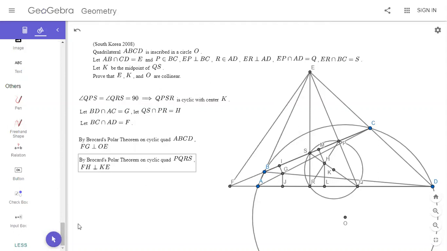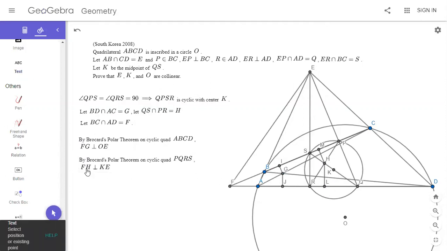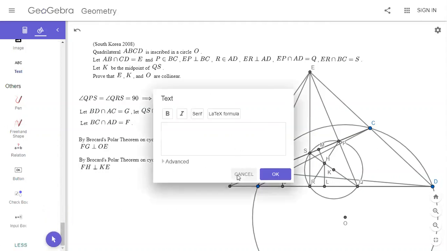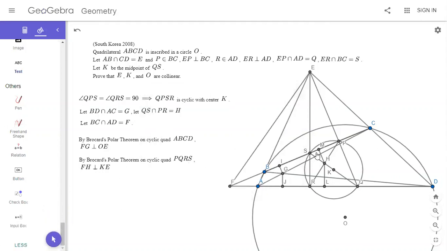Okay, so then we want to show F, G, and H are collinear, because that would show that O, K, and E have to be collinear. And we could do that using the ratios, as I mentioned. So we'll say let I, J, M, and L be the feet of the perpendiculars as shown.